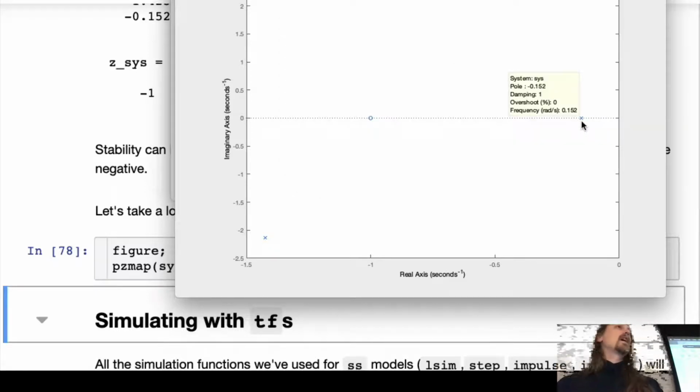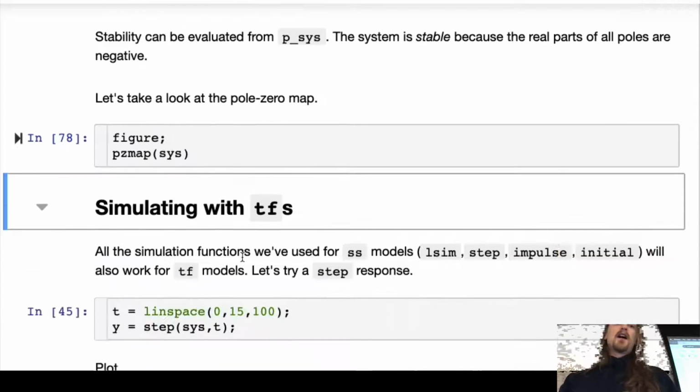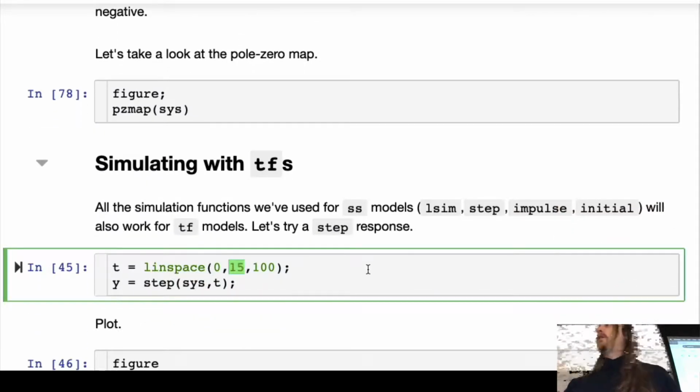So the time constant is 2 seconds. In 10 seconds then, five time constants, we should be 90-something% of the way there. So simulating for about 10 seconds, I chose 15, just to show a little bit more, is reasonable.